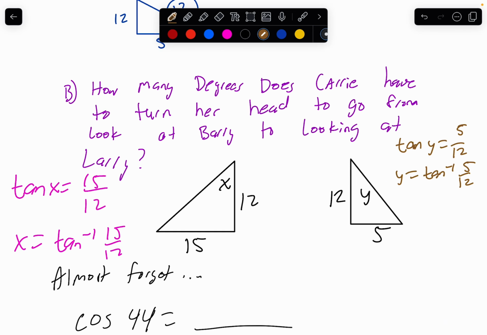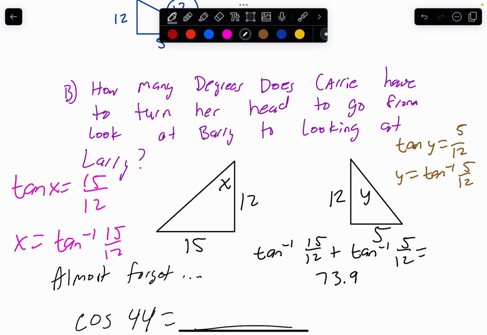And I need to add those two numbers together. So it would be inverse tangent of 15 over 12 plus inverse tangent of 5 over 12. Total would be 73.960. Make sure you have that 0 on there.